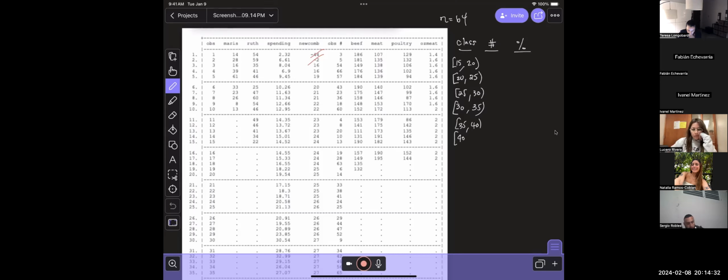And this one includes 40 to 45, not including 45. No, we can stop, right? Because the maximum value, the range of observation is between 16 and 40, I think.